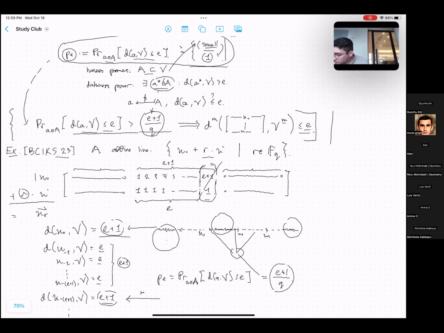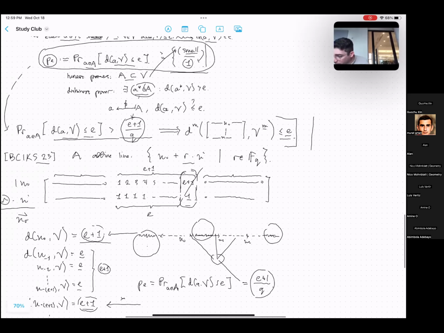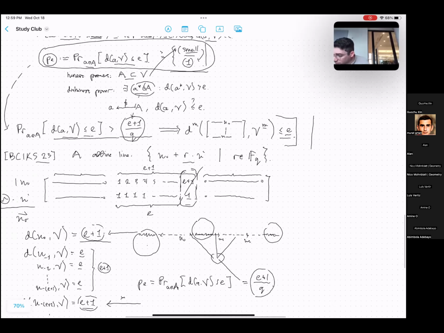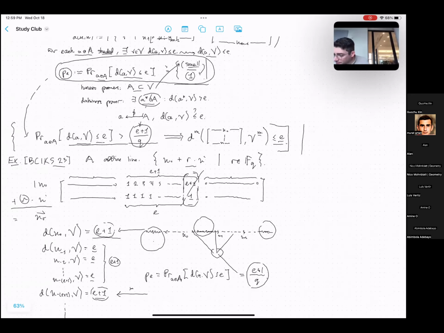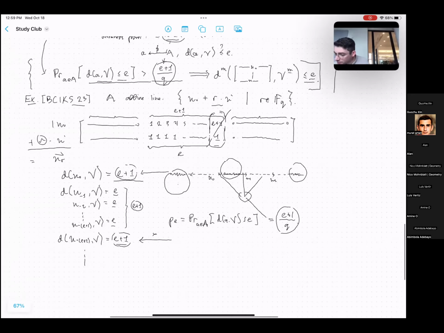So yeah, good question. Let's just work it out. Let's see what happens, right? I think we want to actually work with the contrapositive of this whole thing, which let me try to write down.